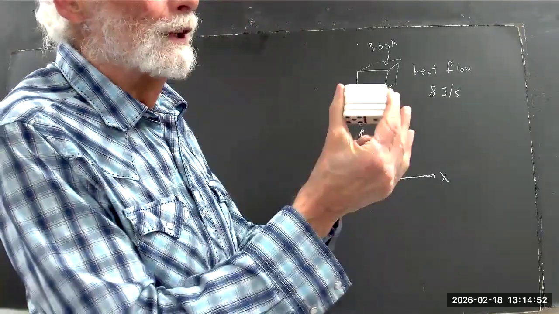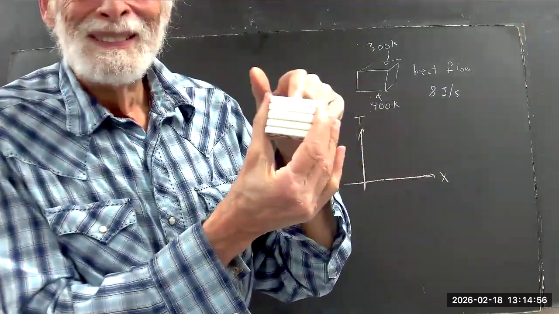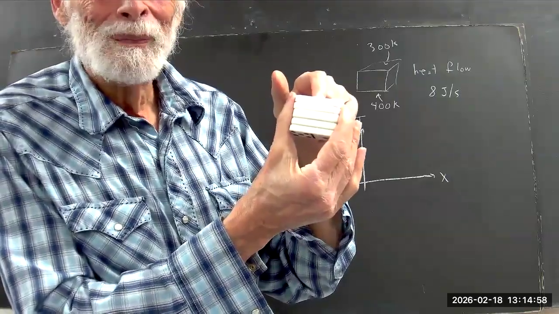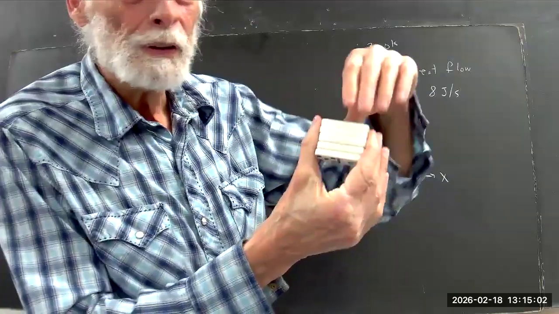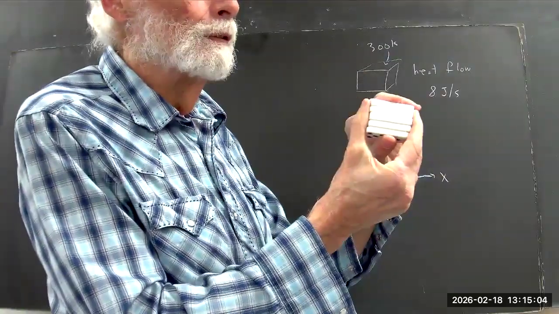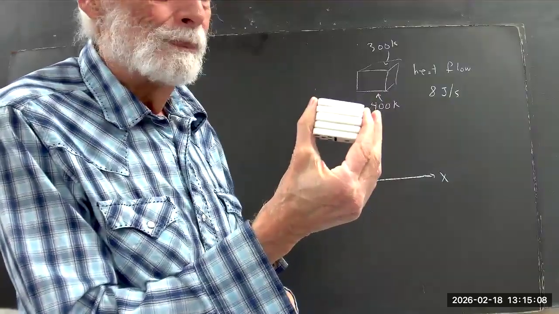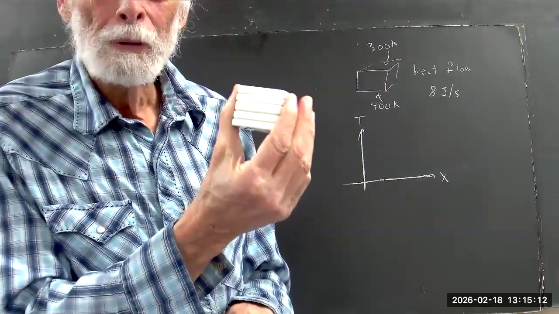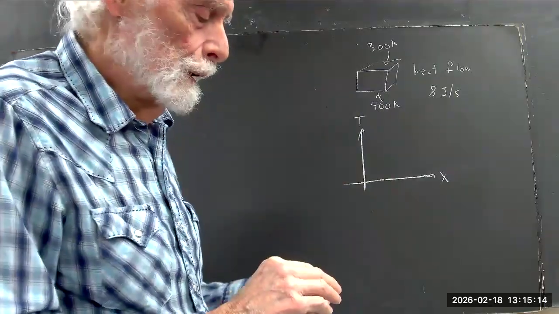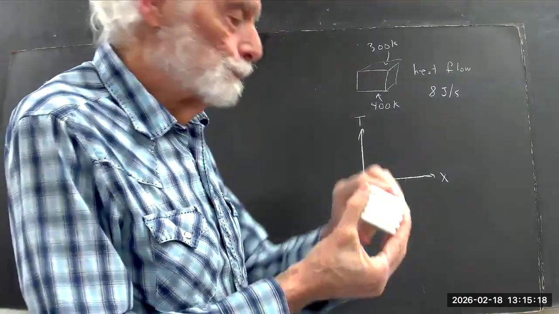Right after this thing is at 400, the top still isn't going to be changing much because the heat has to flow gradually through this thing. You're not going to set up a steady state heat flow in this stack for at least tens of minutes. We've measured these before, and it takes a while for the heat to flow.